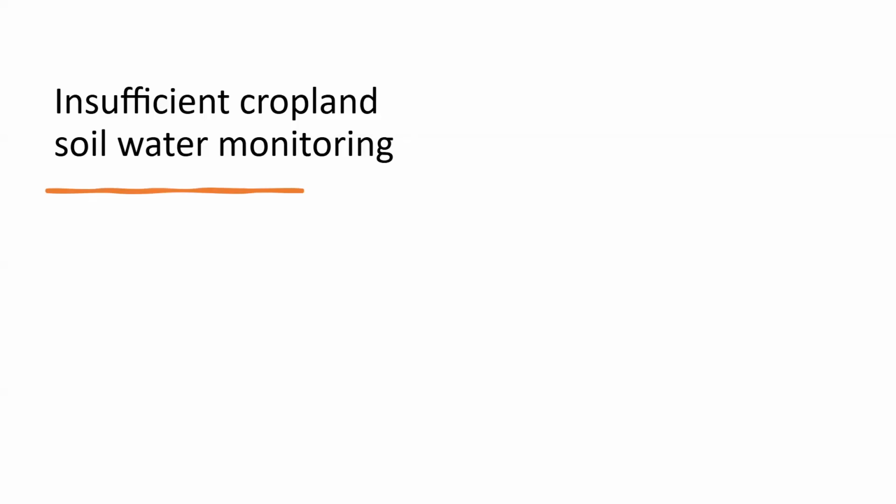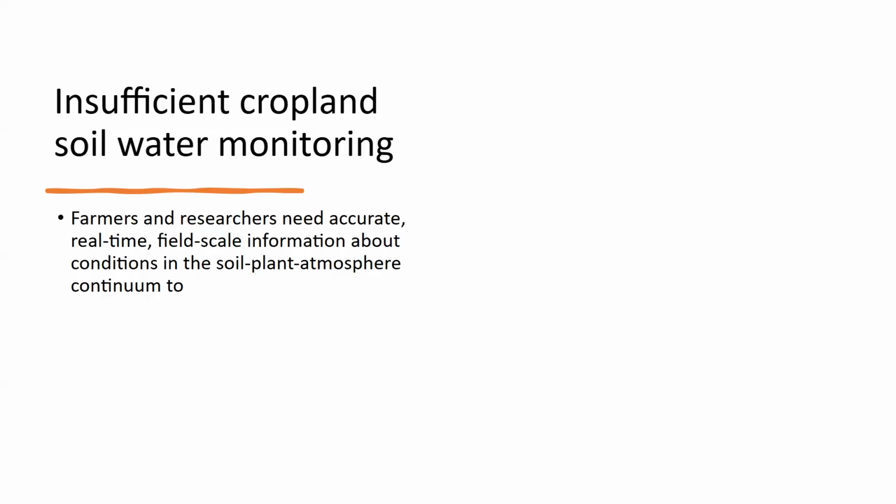One of the gaps we have in understanding soil water conditions is in our croplands, because it's quite difficult to put a long-term soil moisture monitoring station in the middle of a crop field. And if that station is on the side of the field, that's not the same thing.